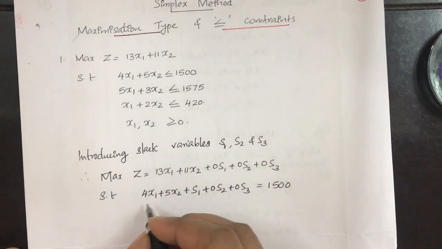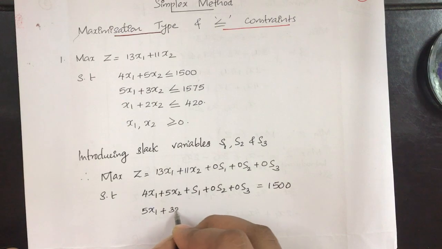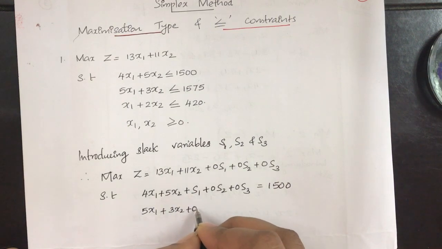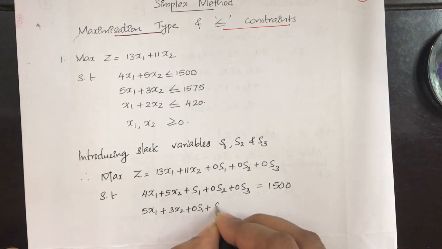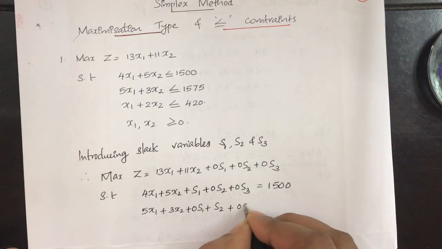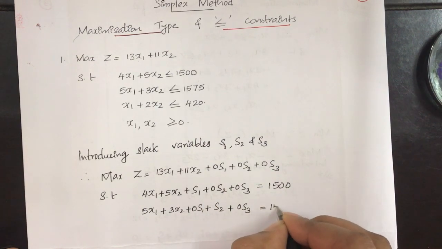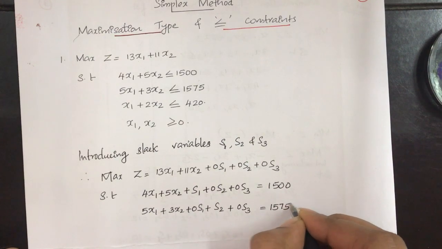The second constraint becomes 5x1 plus 3x2, since there is no s1 in the second, 0 s1 plus s2 plus 0 s3 equal to 1575.